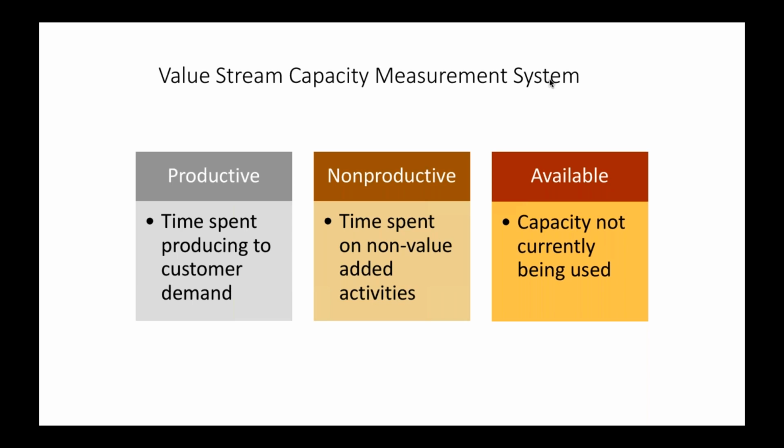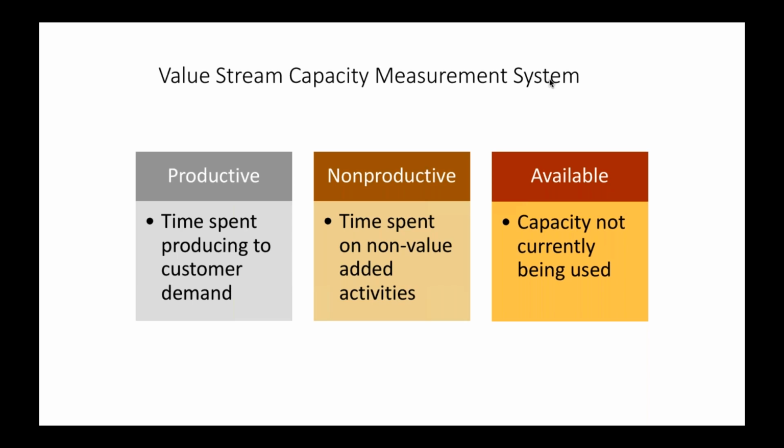People that have lean experience really understand this. And many lean people who we've worked with over the years really, really like the capacity numbers because it quantifies what they intuitively know they're doing in terms of eliminating waste.